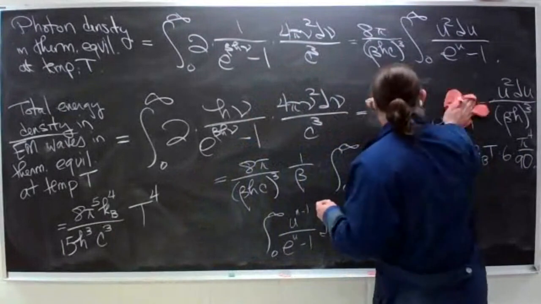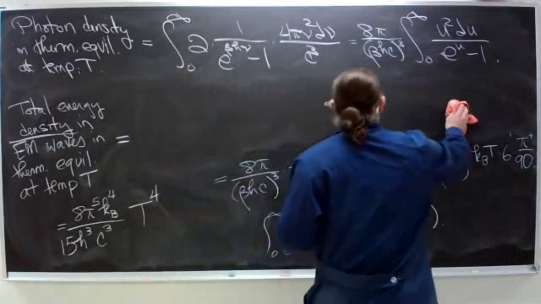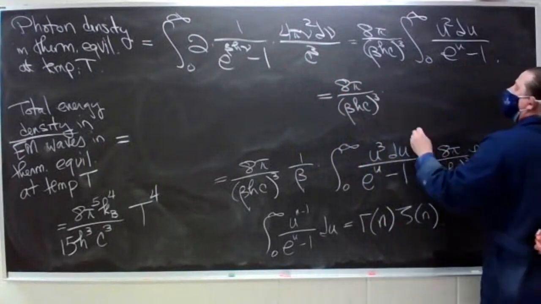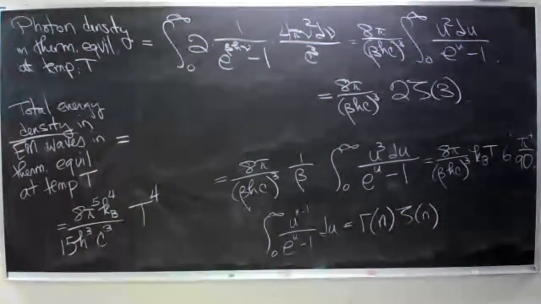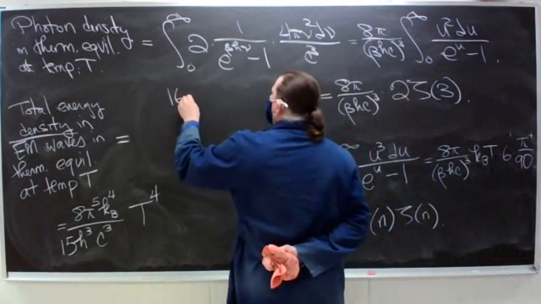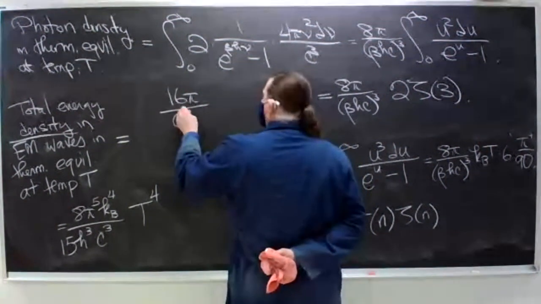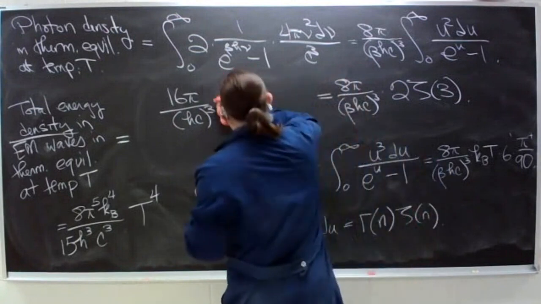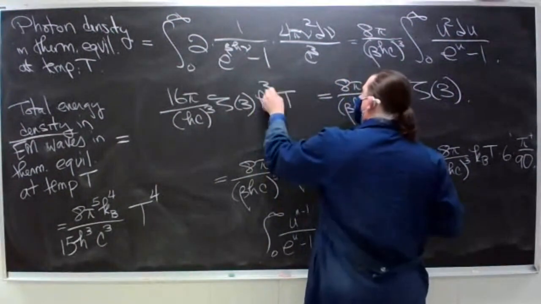So this results in 8 pi divided by beta hc cubed times 2 zeta of 3, which is 16 pi divided by hc cubed, zeta of 3, and then k cubed temperature cubed.